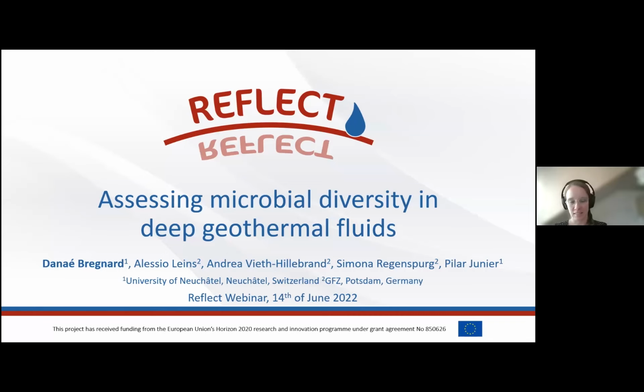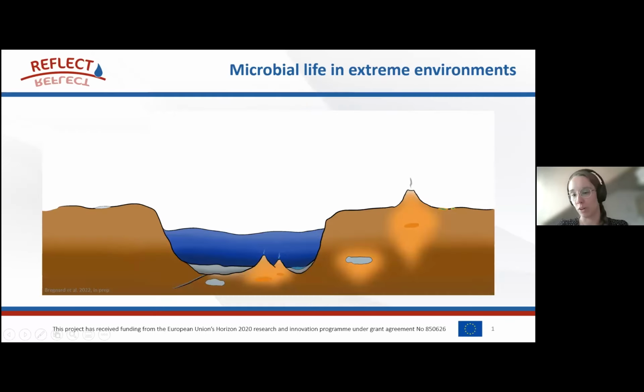As Katrin mentioned, today I will talk about the microbial diversity that we can find in deep geothermal fluids. If you think about the Earth and all the ecosystems it contains, I think you will agree with me that some of these ecosystems are extreme for life.